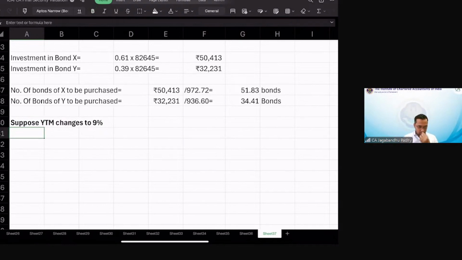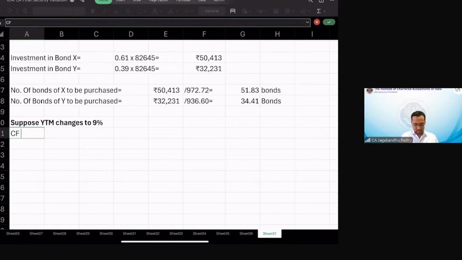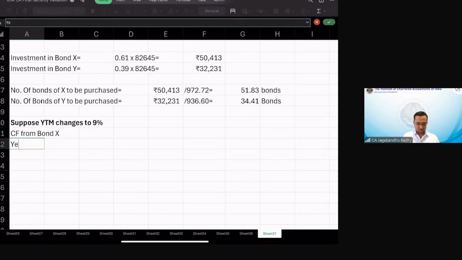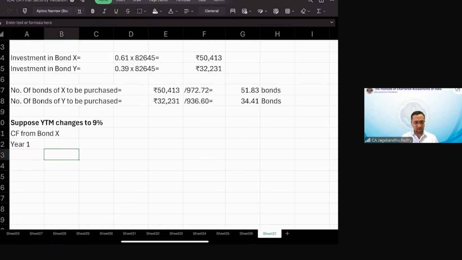Okay. Now we'll say cash flow from bond X. So in year one, how much will we be receiving from bond X, guys?